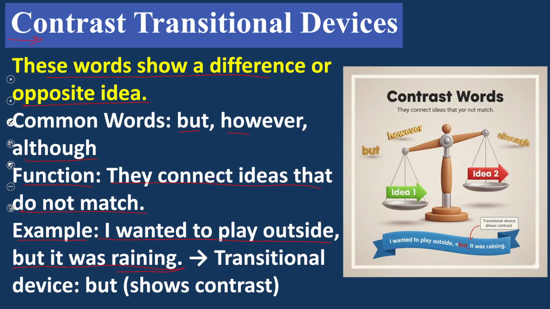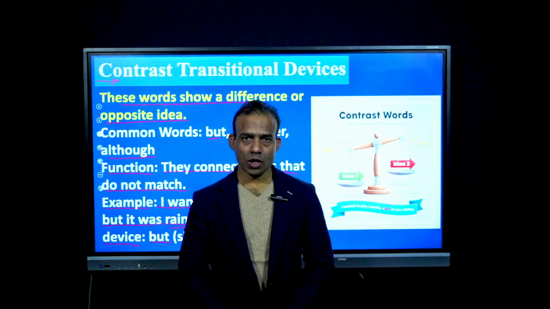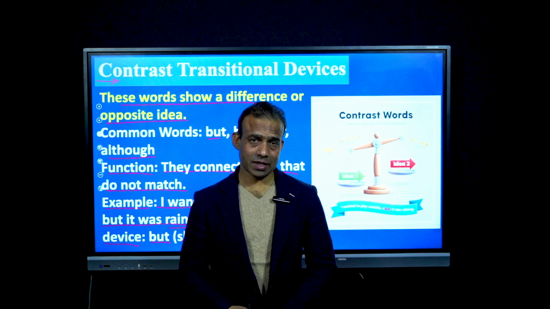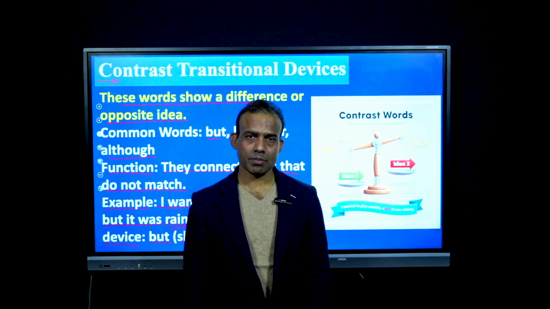I wanted to play, but at this time I am not able to play because it was raining outside. So the transitional device but is a contrasting device, it shows contrast. Definitely. Now, my dear learners, I hope you have learned about contrast transitional devices as well. Move to the next part.